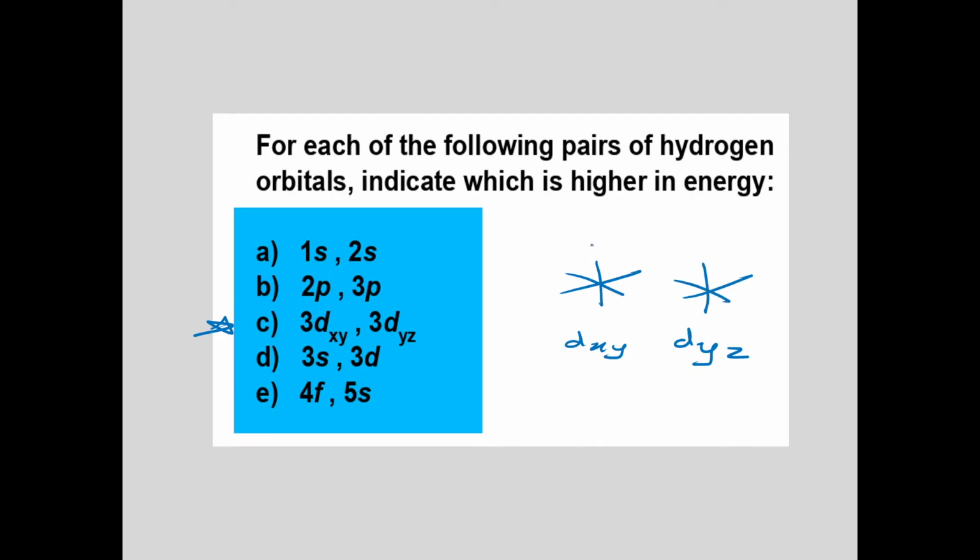Right, so Z, Y, X, Z, Y, X. So kalau X dengan Y, maksudnya the orbital is here lah. Okay. So like that between X dengan Y, and then this one is Y dengan Z.